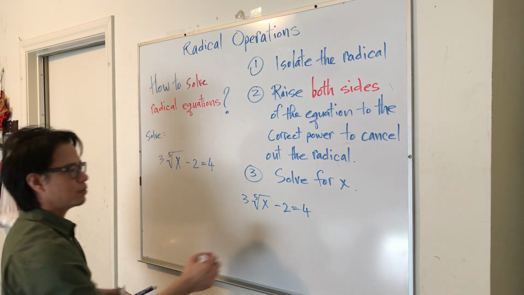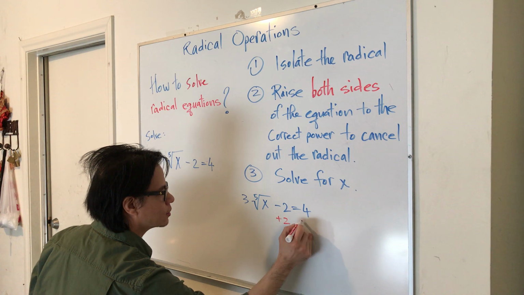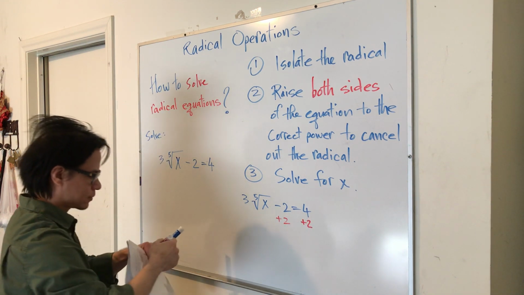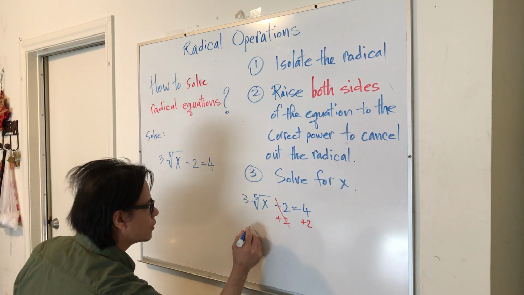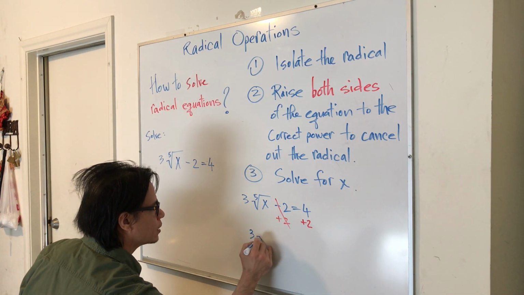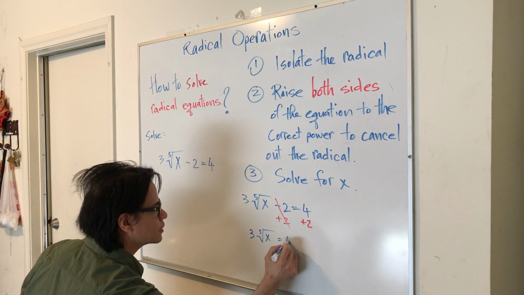So I'm going to get rid of the minus 2 here by adding it to both sides. Okay, so this cancels out. I have 3 times the 5th root of x equals 6.